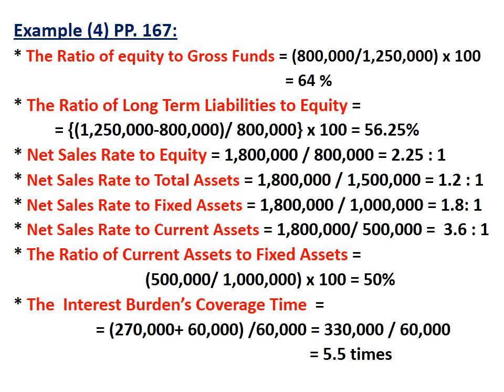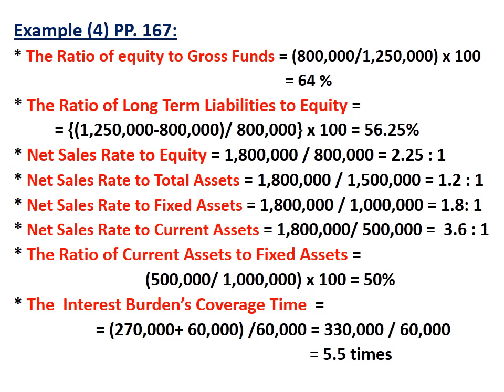Values are in pounds. Net sales of the period; funds invested including 800,000 as gross equity; gross assets 1,500,000, of which current assets equal 500; net profit before tax amounted to 70; and interest on loans equal 60,000.